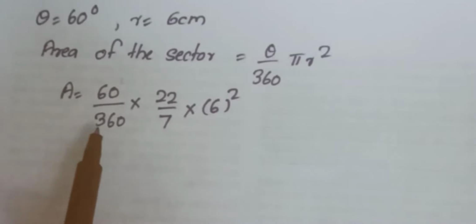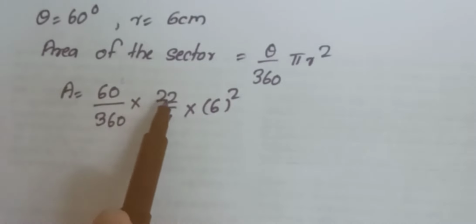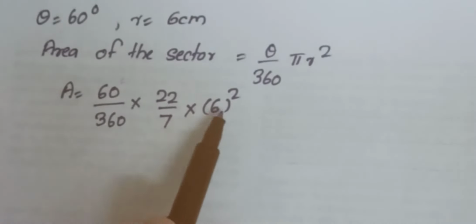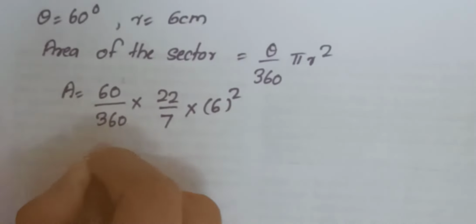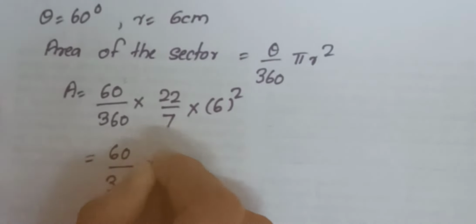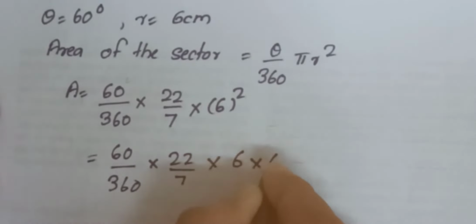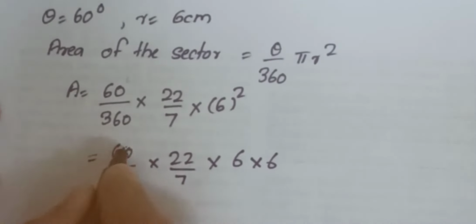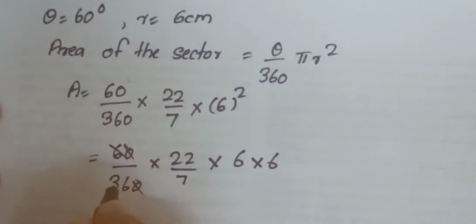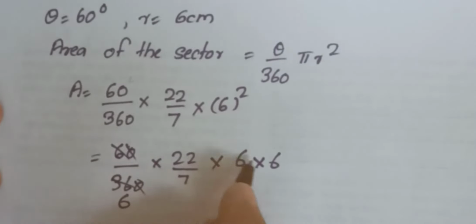Now, when we put the values in the formula, we get area is equal to 60/360 into 22/7 into 6 square. So that will be 60/360 into 22/7 into 6 into 6. Now you can cancel 0, 0, 6. How many 6 are there in 36? 1. Now here you have 1/6 into 22/7 into 6 into 6.